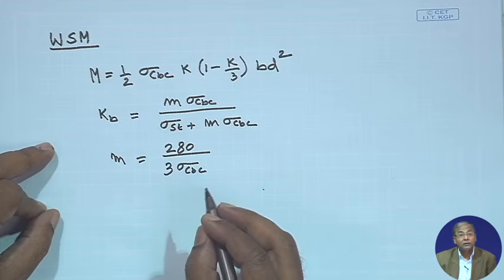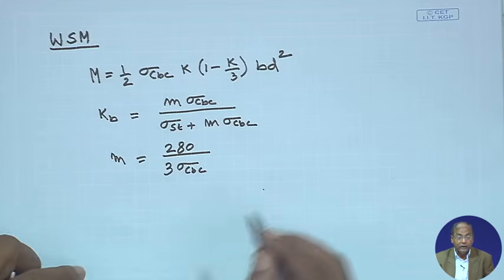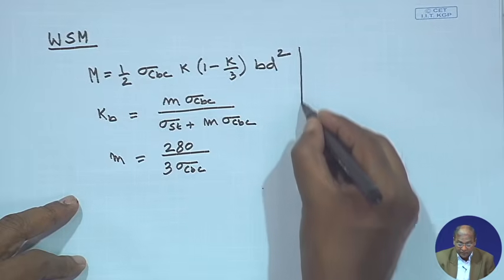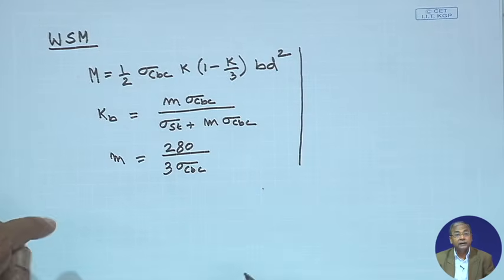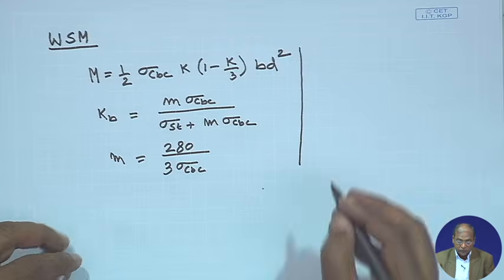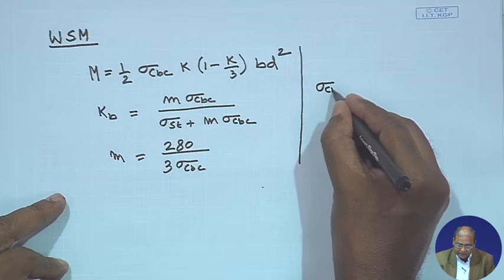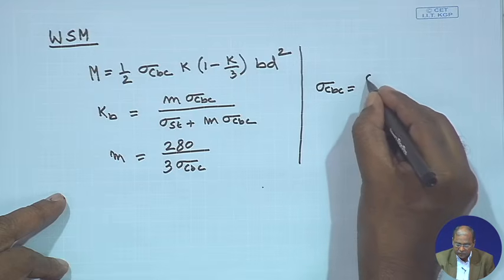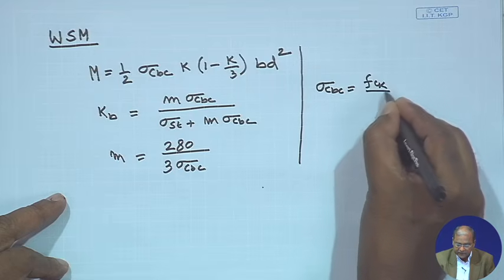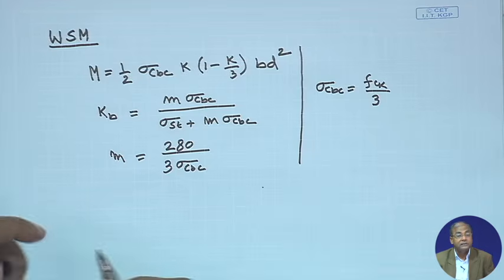This particular one we can write down here. We shall come back to this particular page again later on. So, here I would like to say sigma CBC equal to fck by 3, because as per that table it is 1/3 of that.